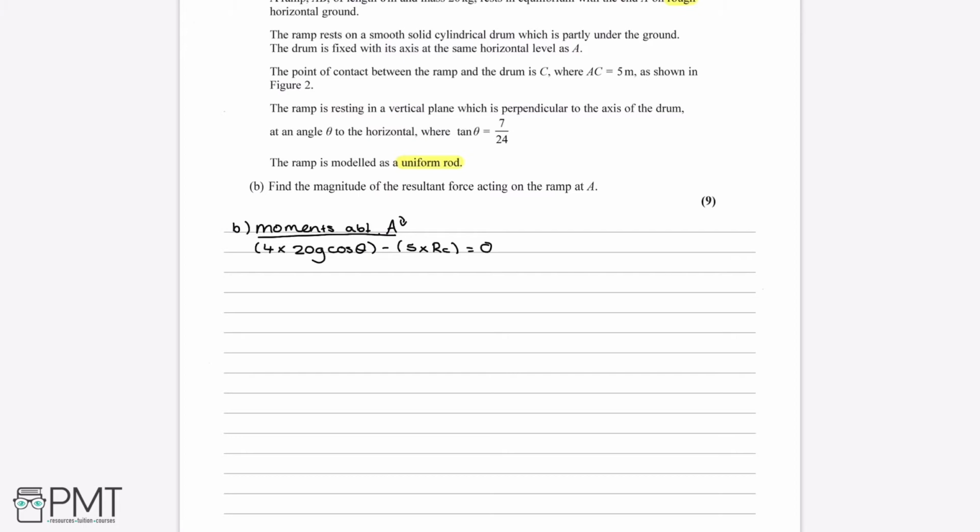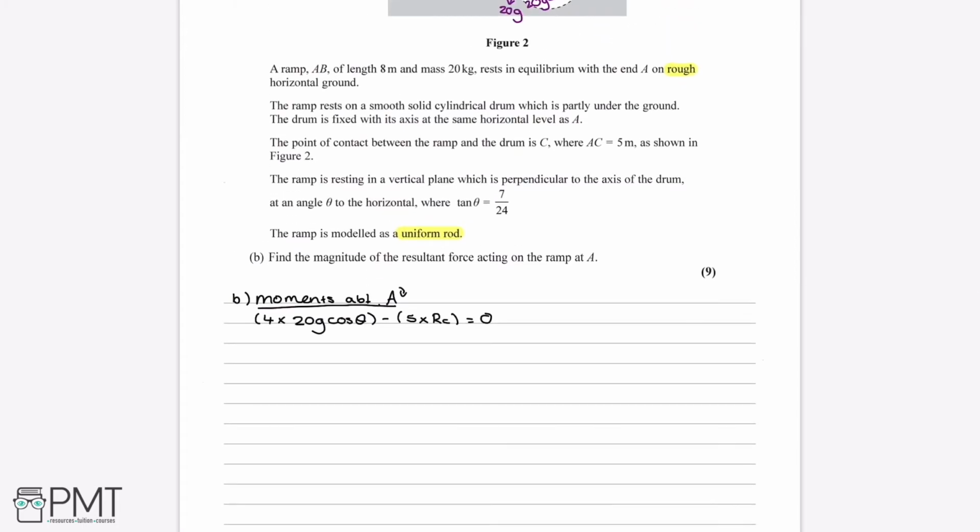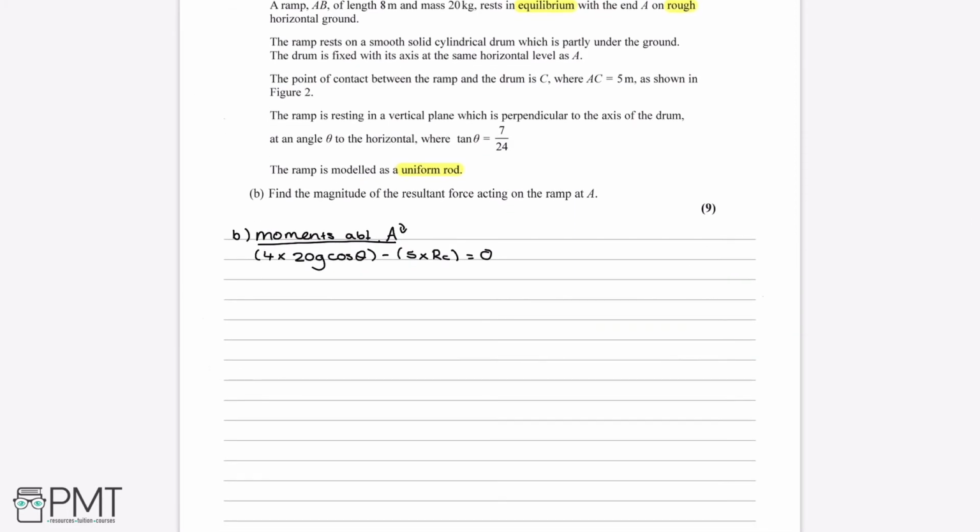And we know that this is equal to 0, because we were told that this ramp and everything rests in equilibrium, and one of the conditions of equilibrium is that the moments about a point are equal to 0, and so we can say that these moments have to be equal to 0. So if we do this calculation and add 5RC to both sides, we're left with 5RC equal to 80G cos theta, and therefore RC is equal to 16G cos theta.